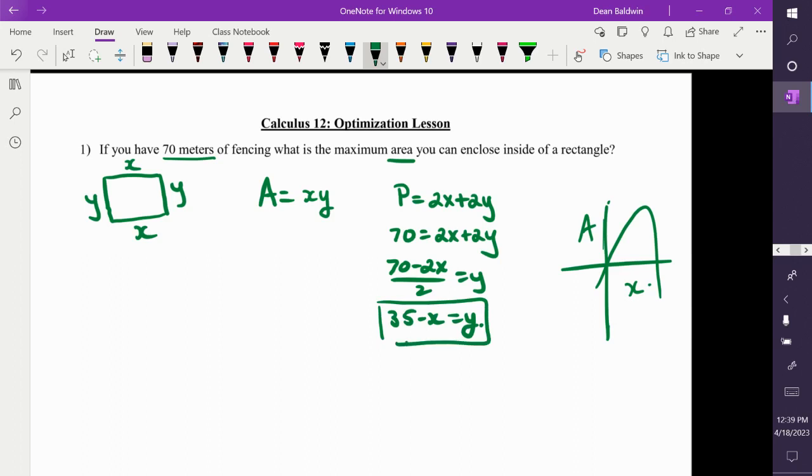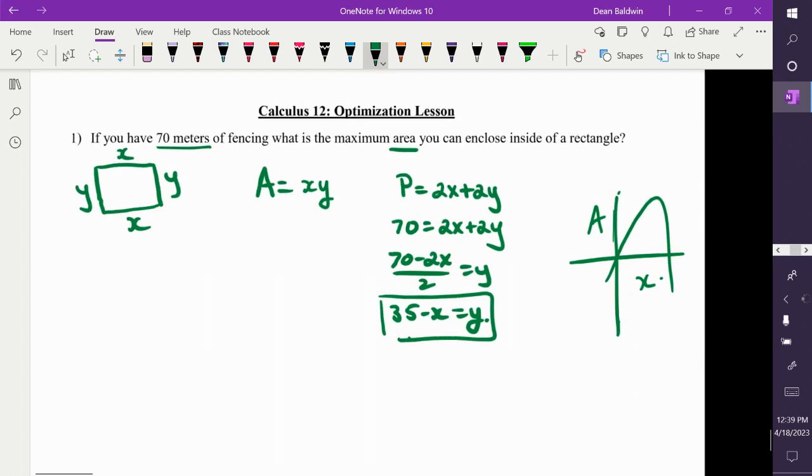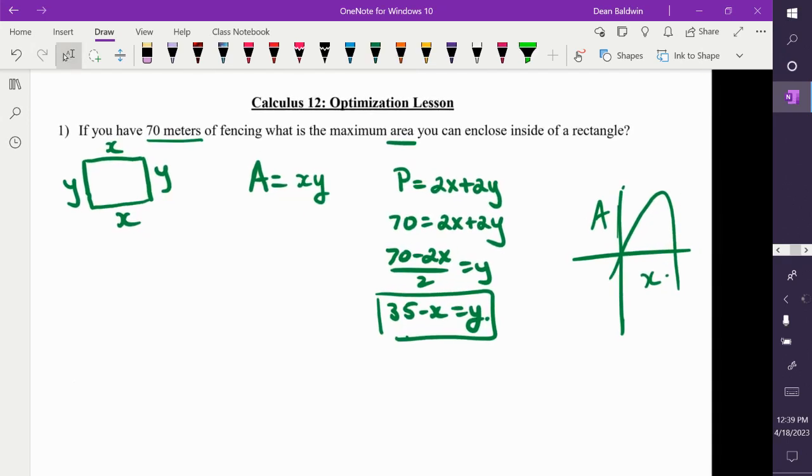Is everybody with me on that? All right. So now I'm going to sub that in for y in this equation, so that I will then generate area is equal to x times 35 minus x.